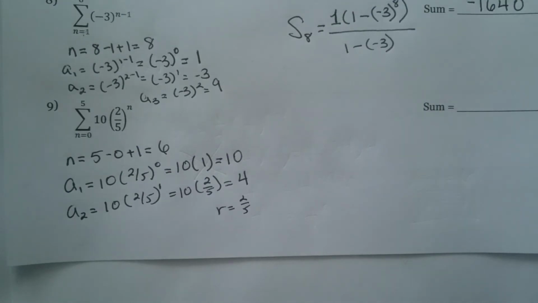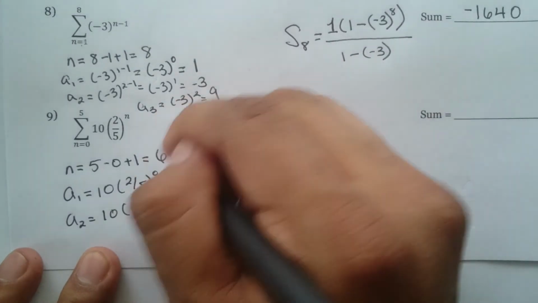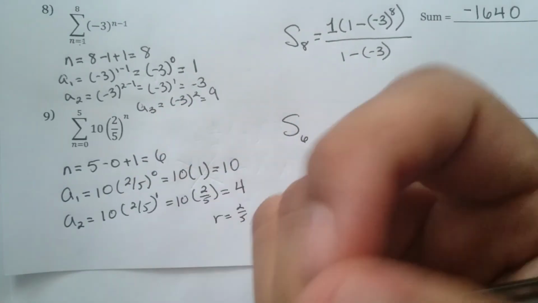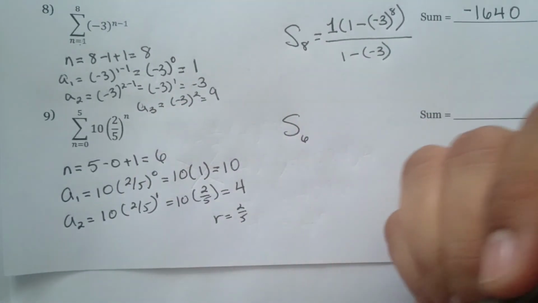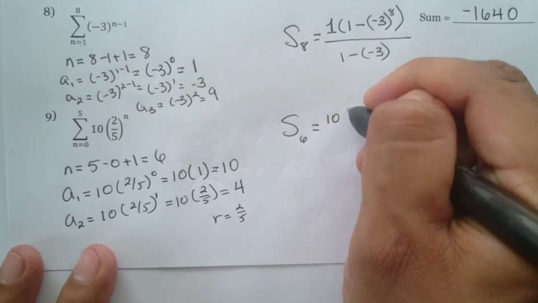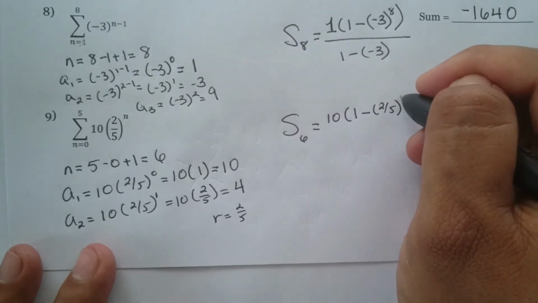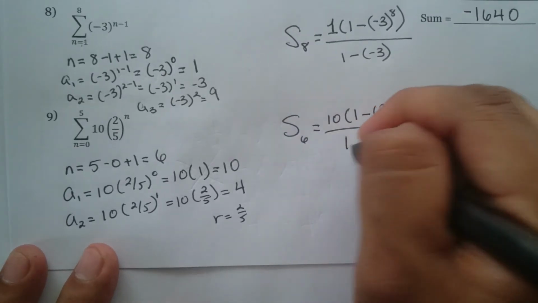Okay. All right. So I'm looking for the sum of 6 terms because, again, when I count 0, 1, 2, 3, 4, 5, I get 6 terms. My first term is 10, and my ratio is 2/5. And again, that's very important that you put that in parentheses.